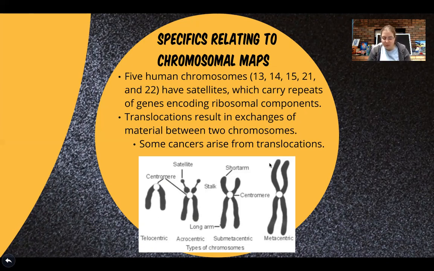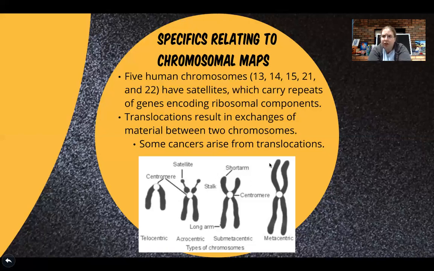When we studied them, we found that they carry repeated genes that help to encode different ribosomal parts. Remember, ribosomes are made up of ribosomal RNA as well as certain proteins. So these carry the genes that help to create those different components.